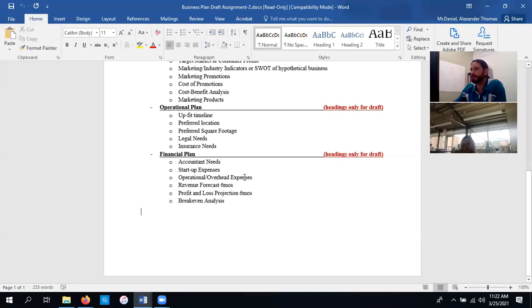Your operational and overhead expenses, definitely make sure that you add in all sectors of what your business would be. So your admin, who do you need at the front desk?